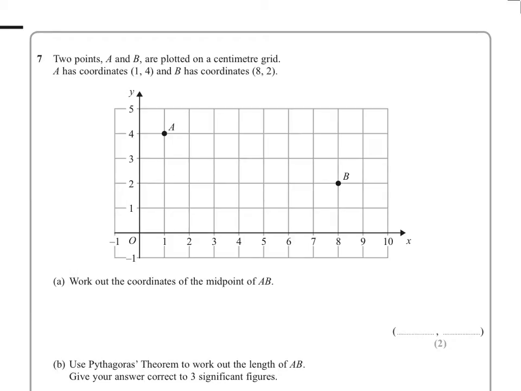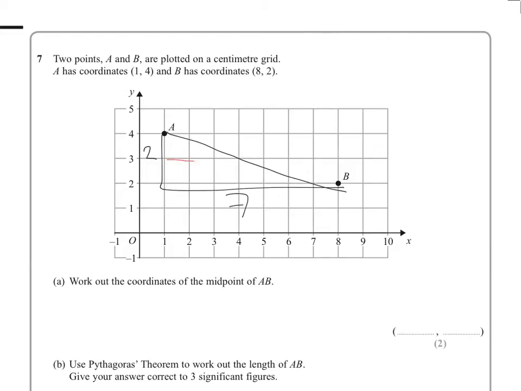Work out the coordinates of the midpoint of AB. Well, in terms of the midpoint, I'm looking at the difference in the x-coordinates and y-coordinates. So here, I've gone down 2 and along 7. So my midpoint, well, rather than going down 2, must be just down 1. Rather than going along 7, along 3.5.